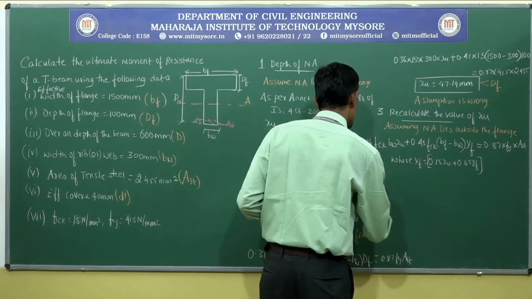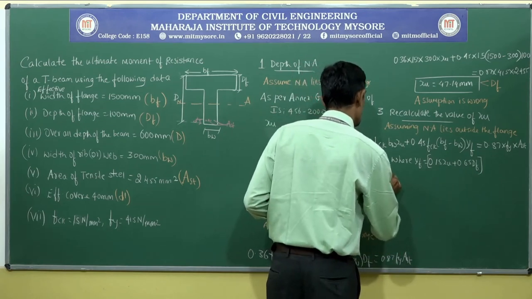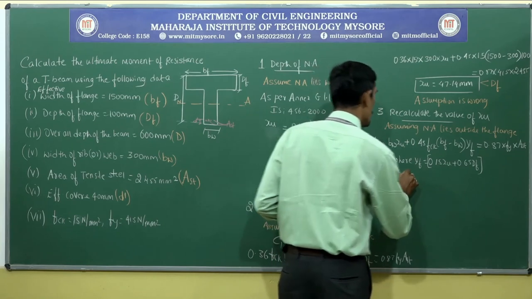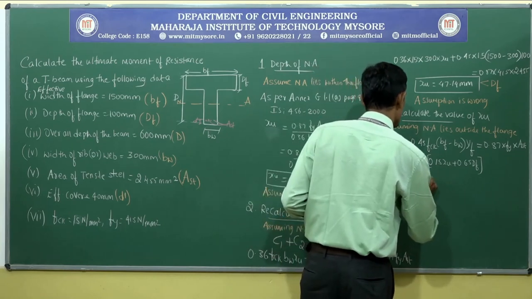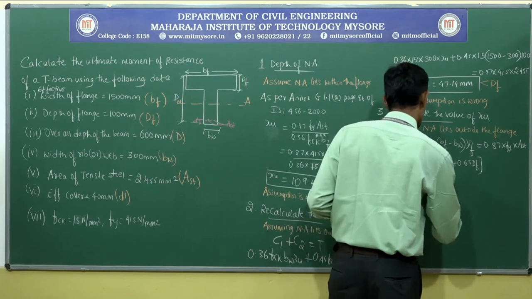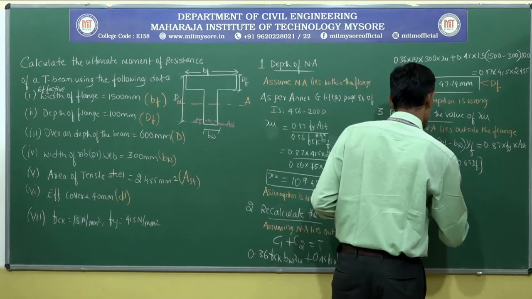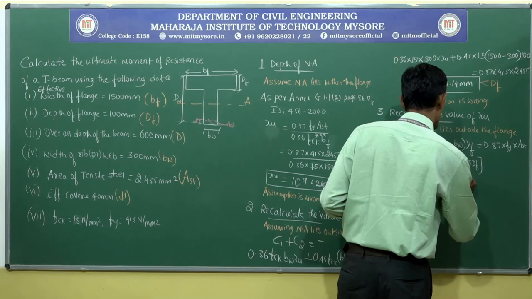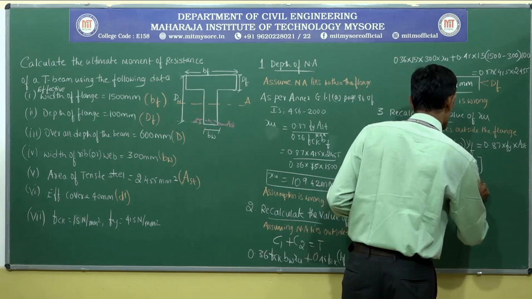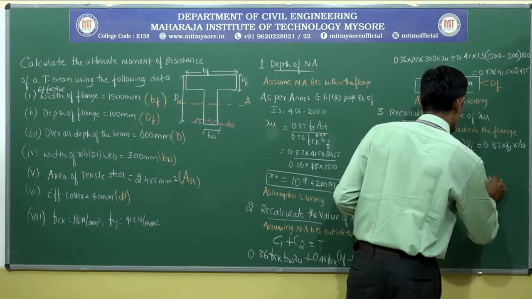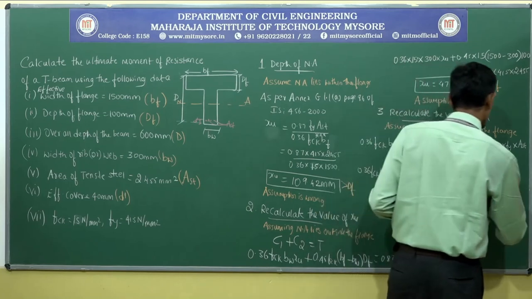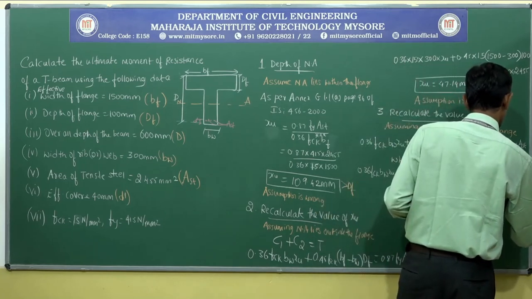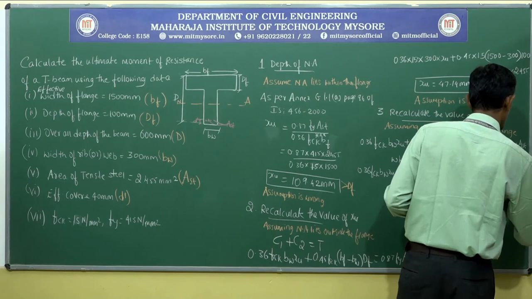Let us rearrange the formula. 0.36 FCK BWO into XU plus 0.45 FCK into BF minus BWO into YF, where YF is 0.15 XU plus 0.65 DF, equal to 0.87 into FY into AST.